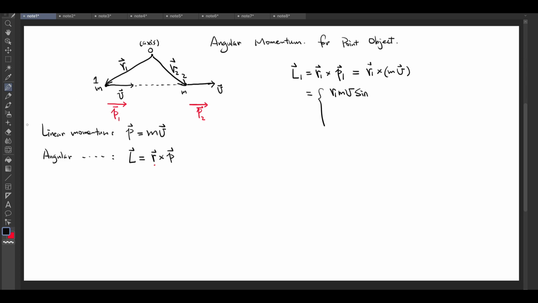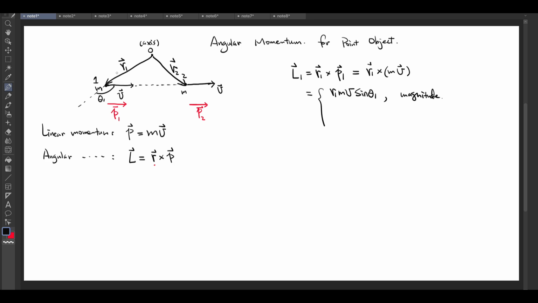Now remember, R1 is this way, right? So let me extend R1. And v is this direction, so the angle between them is this angle. Let's call it theta 1. Now that is the magnitude. The direction is given by the right hand rule, so your right hand fingers first point along R1 and then curl toward v's direction.